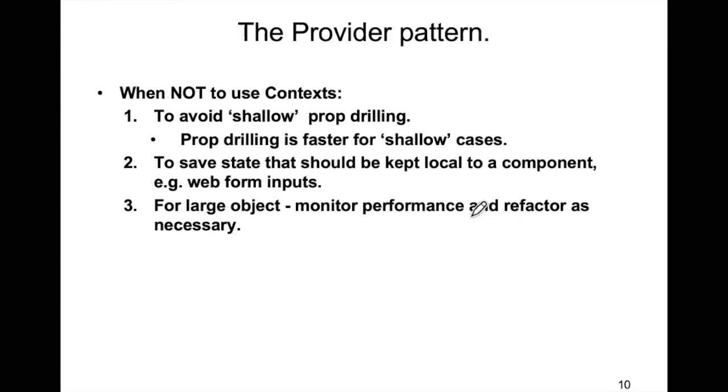And the advice is that if you do have large objects within your context, again in a production environment, then you should do some performance testing to ensure that it's not impacting the performance of your React app. And if it is, then come up with some other solution other than using context, which really means go back to using prop drilling because that is actually more performant. So it's not a silver bullet, this pattern for global state sharing. It's just an option that's available to you.